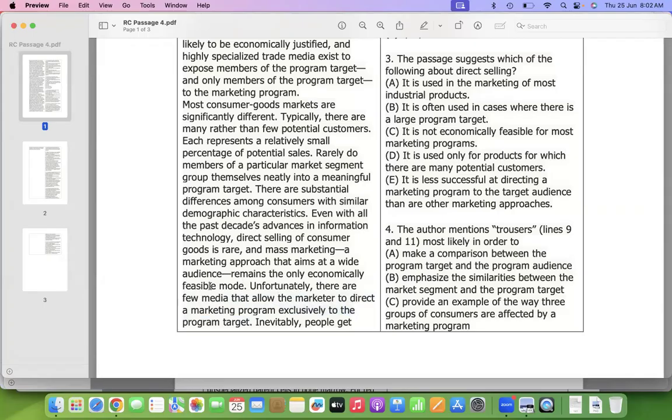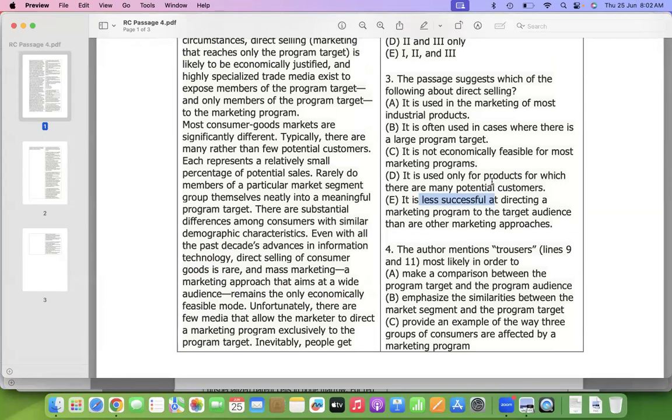The reason I was slightly tempted is that the previous sentence says that even with all the past advances, direct selling is rare, and then the next sentence says direct selling is rare and mass marketing is more economically feasible. Economically feasible and successful are two different things, no? They're two different variables. How economical is something and how successful it is in achieving its goal.